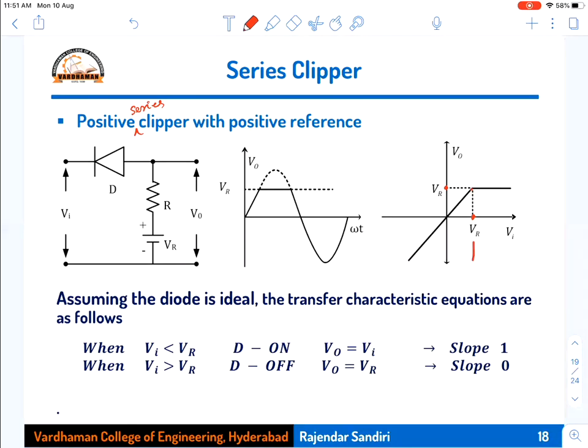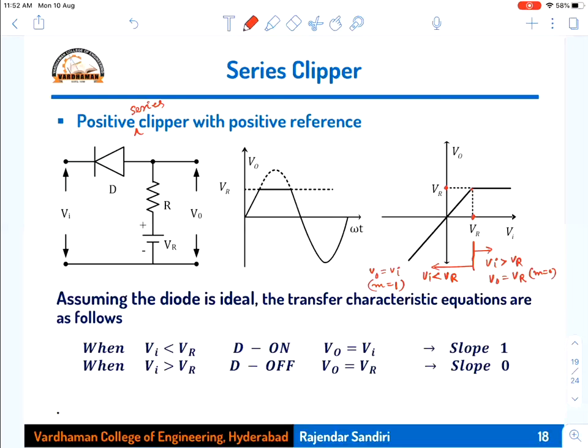Now there are two portions of the waveform, Vi greater than VR and Vi less than VR. For Vi greater than VR, the output voltage is the same as the reference voltage. The slope is equal to 0. For Vi less than VR, the output voltage is the same as the input voltage. The slope is equal to 1. Okay, so the waveform will be like this.